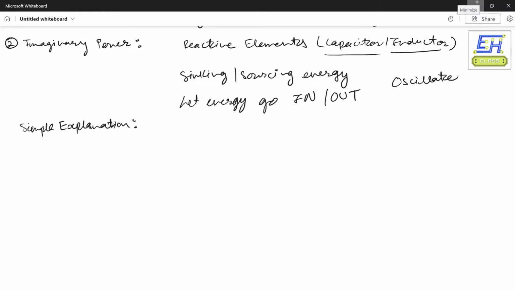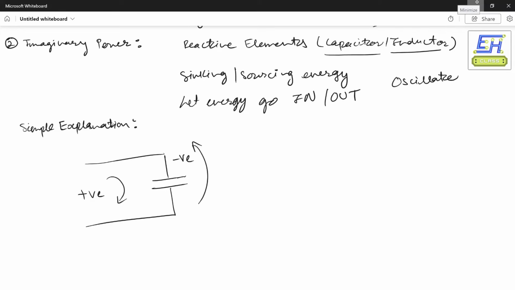So we have a capacitor, and you charge it in one direction, so the charge builds up. If this is positive, then once it is charged, you can also discharge it. So it will hold the electric field in one direction in one cycle and in the opposite direction in the other cycle.